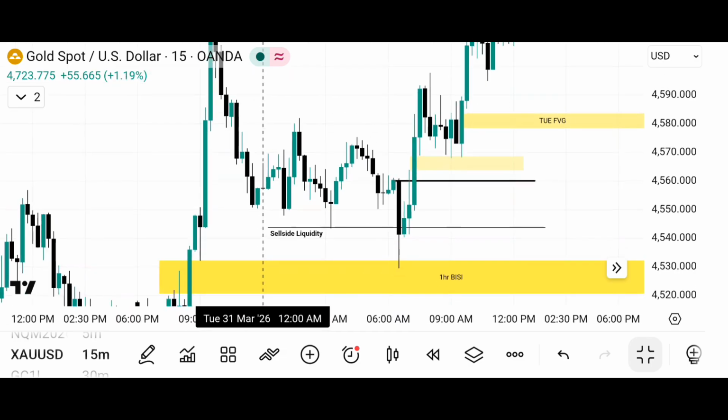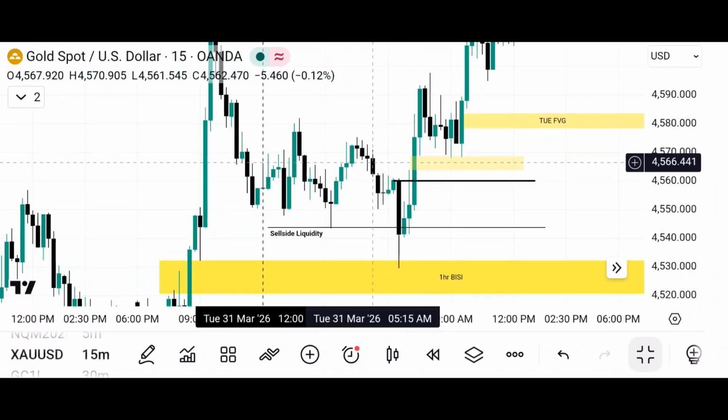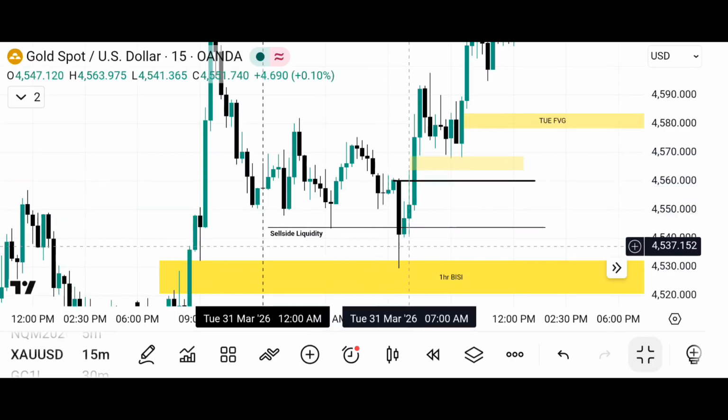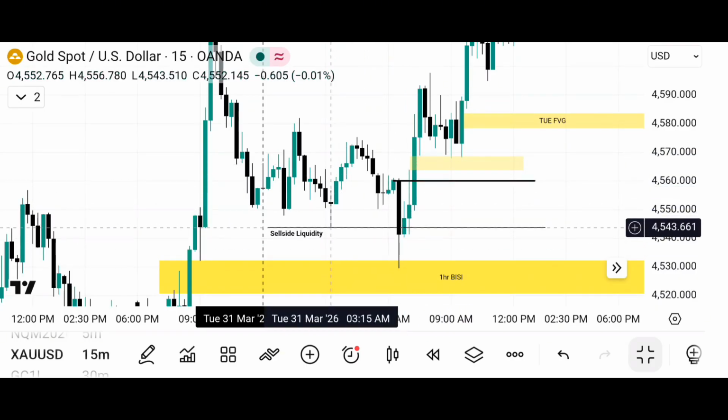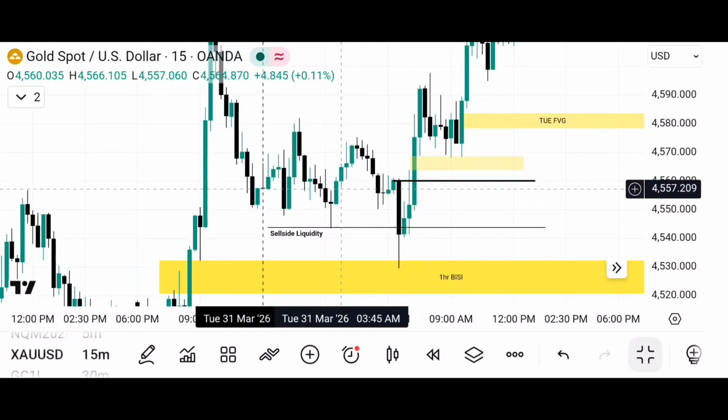Now the breaker block. Before this run down in price, this series of down close candles that ran down to take this sell side low right here, there's a series of up close candles.